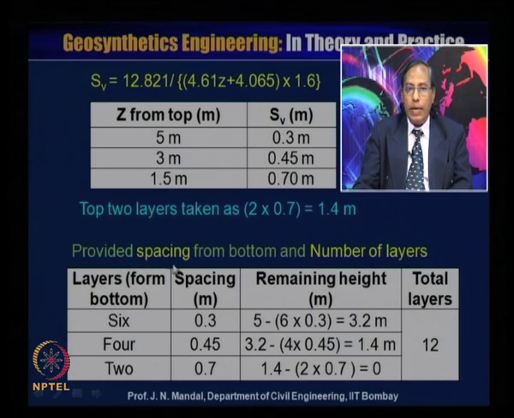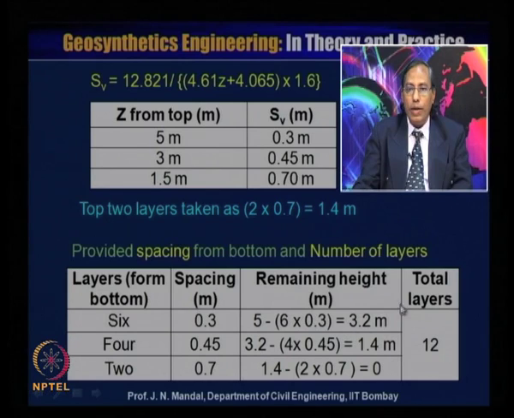Now, we provide the spacing from the bottom and the number of layers. If we take 6 layers from the bottom with spacing 0.3, what will be the remaining height? That means 5, the height of the wall, minus 6 into 0.3.